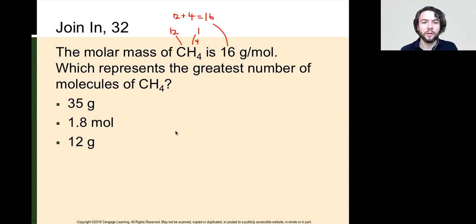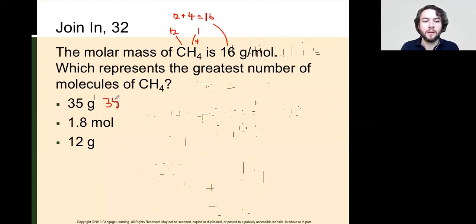Okay, I've got one answer. I've got a lot of answers. Excellent. Okay, yes, 35 grams, because 35 times 1 over 16 is going to be equal to 2.2 something, I think.